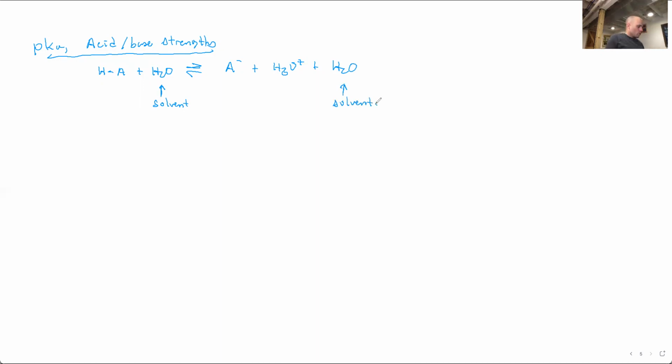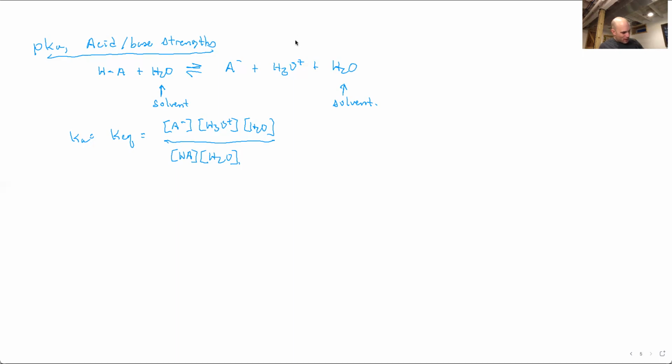Okay, we can say that the Ka equals KEQ, which equals products, so the concentration of A minus, the concentration of H3O plus, the concentration of H2O, over the concentration of HA, the concentration of H2O, okay?